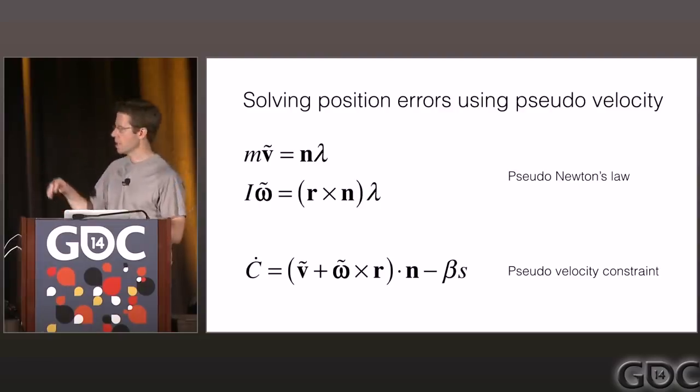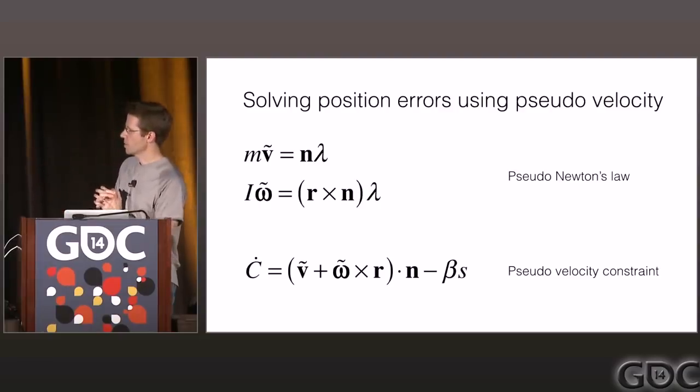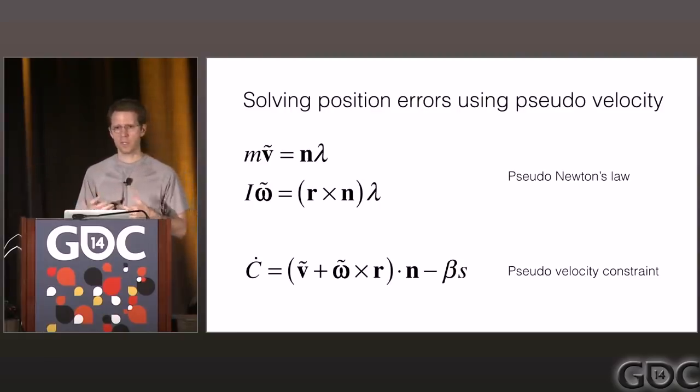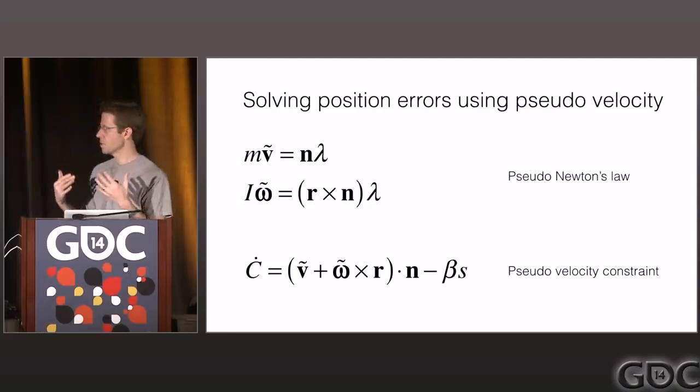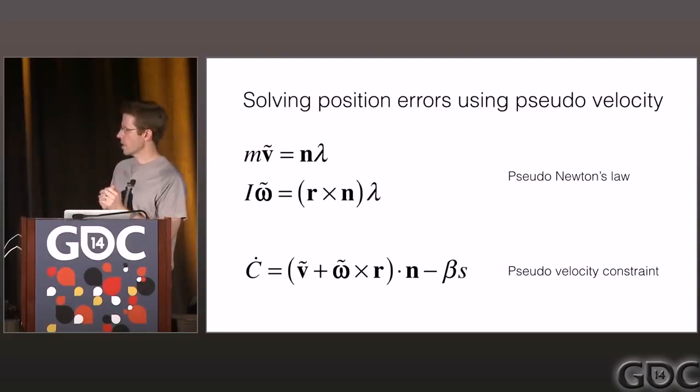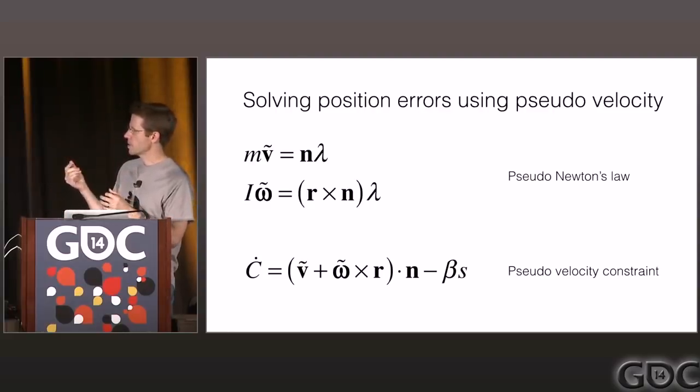You also see that in the bottom equation, the pseudo velocity constraint, I've removed time, because time doesn't really mean anything when you don't have momentum and you're just trying to resolve some overlap. And actually, you can see that these pseudo velocities are just like delta positions. They don't have time involved either.